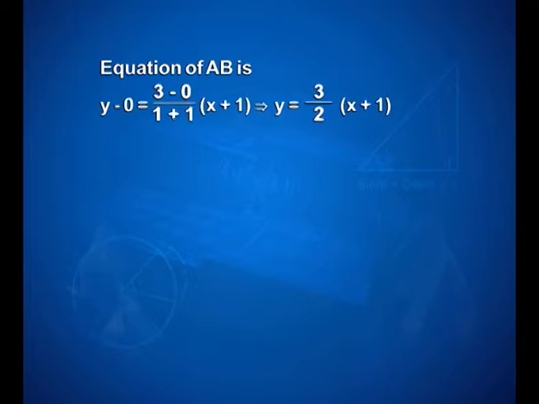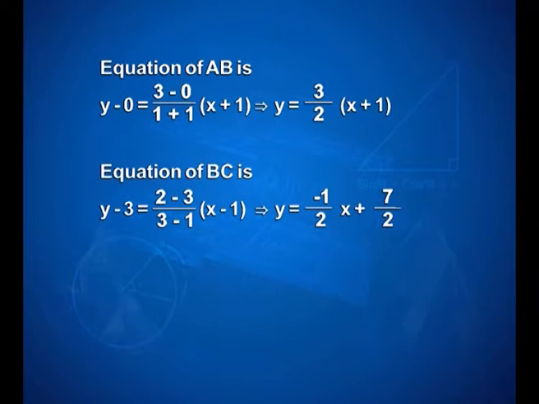Equation of AB is y minus 0 is equal to 3 minus 0 upon 1 plus 1 into x plus 1, that gives y is equal to 3 upon 2 into x plus 1. Equation of BC is y minus 3 is equal to 2 minus 3 upon 3 minus 1 into x minus 1, that gives y is equal to minus 1 upon 2 into x plus 7 upon 2.